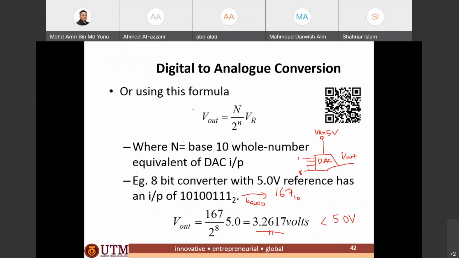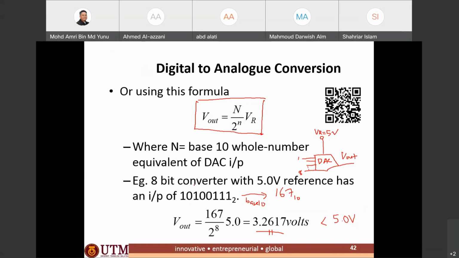Or we can use this other formula. Using this formula, you need to convert the binary information value into a decimal value, and divide by 2 to the power n, where n is the number of bit places, and multiply with VR, the reference value.